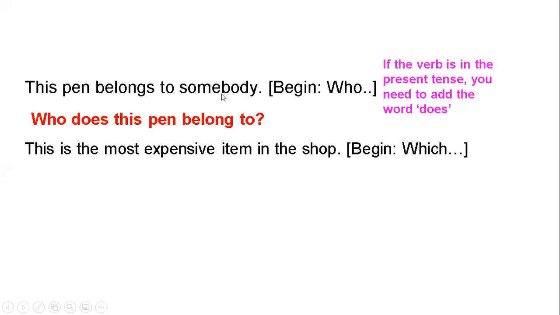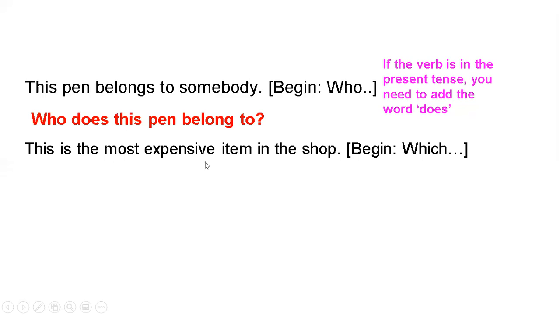We'll give you the answer: somebody. All right. And then the rest of it, of course, you have to use does. Why? If the verb is in the present tense, you need to add the word does, and it is in present tense, belongs. Does this pen belong to? Change belongs to belong, add to, leave out somebody because that's your one word answer.